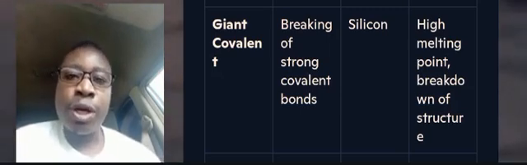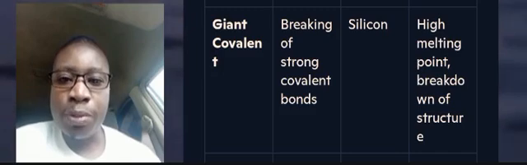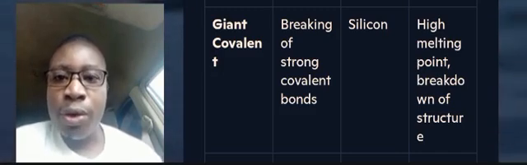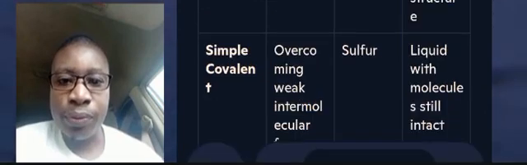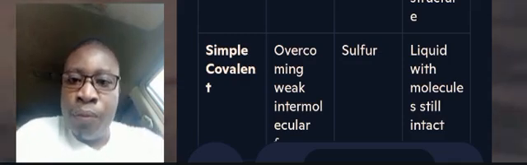Okay. So let's move on across that period. As you move into simpler molecules, what are you doing when you melt or boil such substances? Sure. As we move across period 3, from giant covalent structures like silicon to simple molecules, we encounter substances like phosphorus, sulfur, and chlorine. When melting or boiling these, we're primarily overcoming intermolecular forces, not breaking covalent bonds.